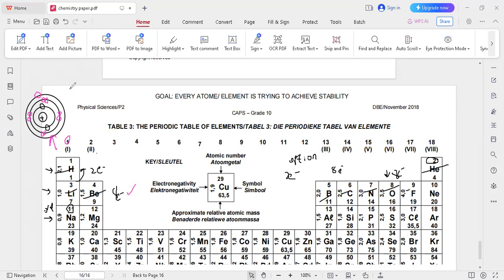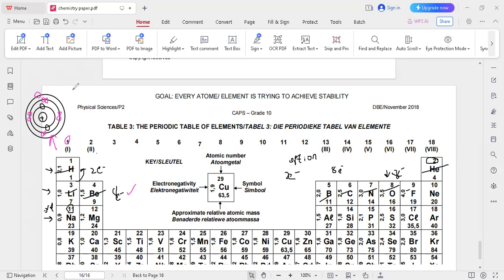So in this particular case, now that sodium has 1 valence electron, do you think it is better for it to give off its electron or get another electron?